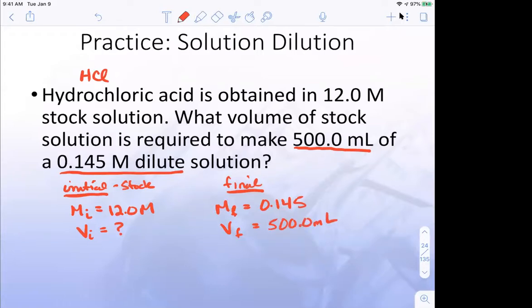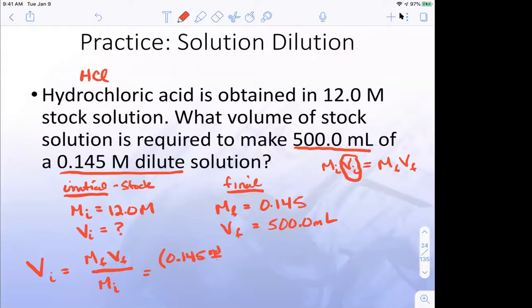So again, M initial times V initial equals M final times V final. I'm going to isolate V initial just like I did before. And what I get is M final times V final over M initial, which is 0.145 moles per liter, or molarity, times V final, which is 500.0 milliliters, and then my molarity initial is 12.0 molar.